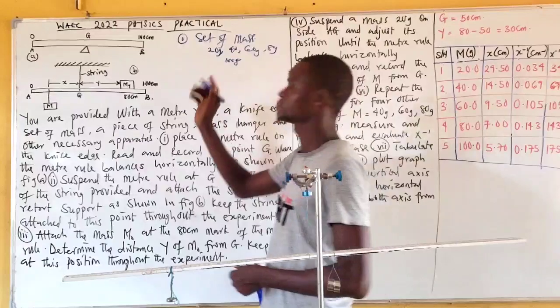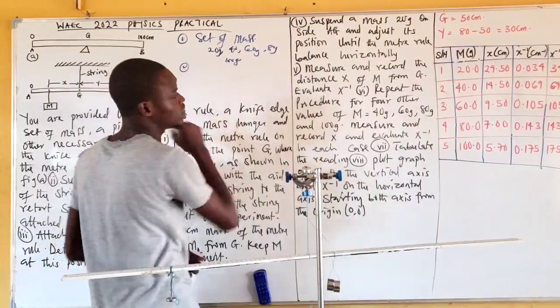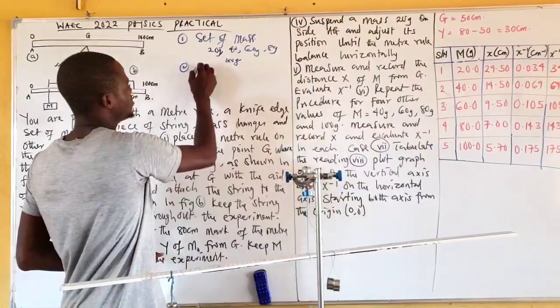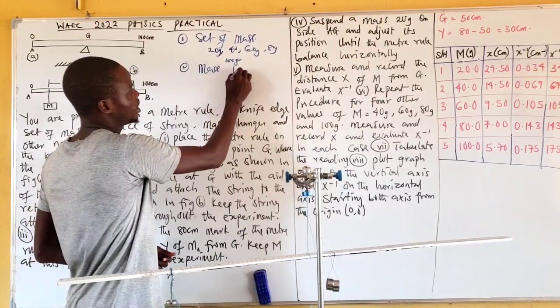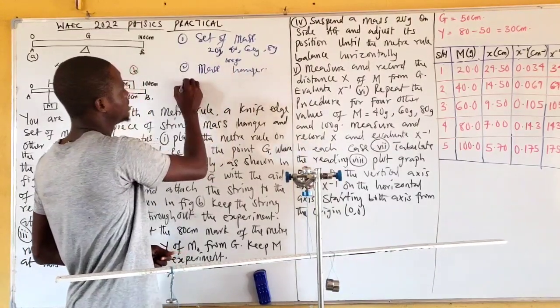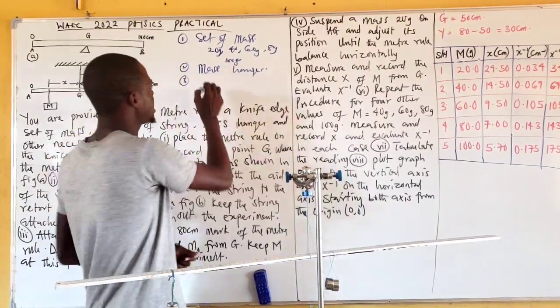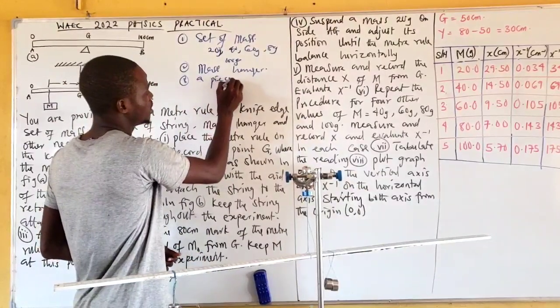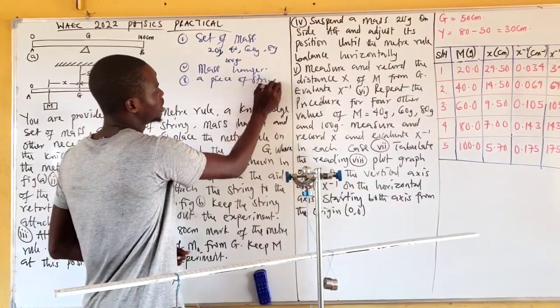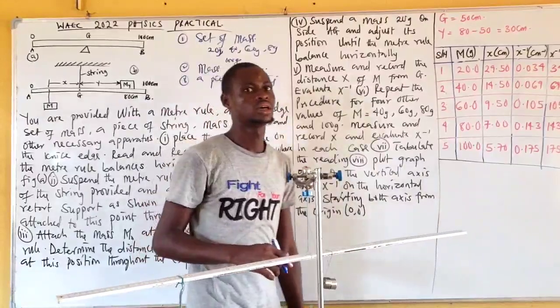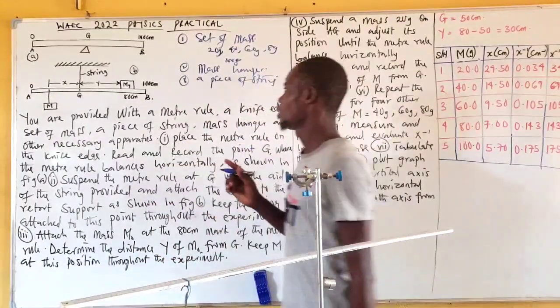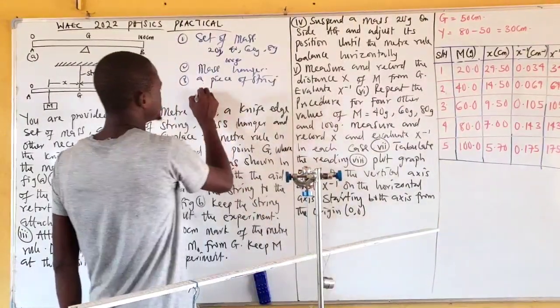That's the first specimen. The second specimen given to us, we have to provide a mass angle. Number three, we have to provide a piece of string. That means one single string. Number four, we have to provide a meter rule.